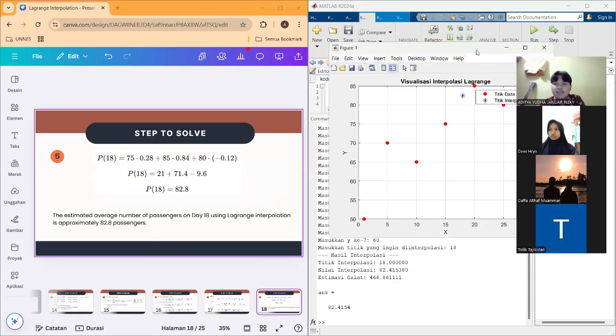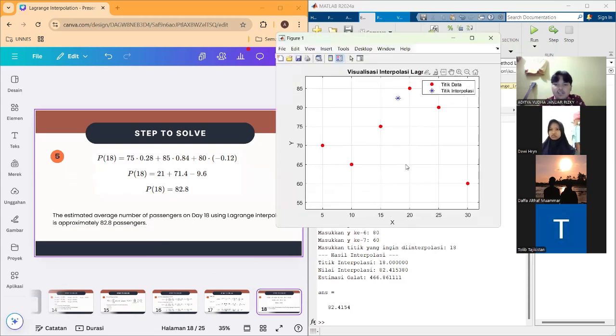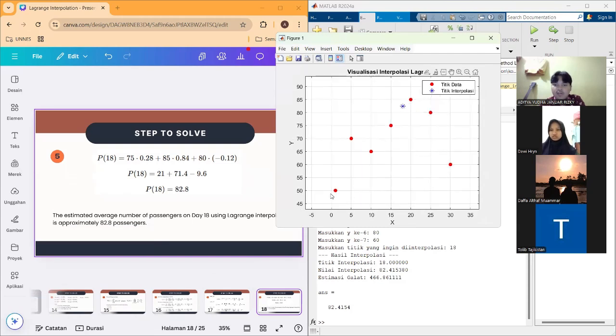And again, in the visualization, we are given 7 data points, and we want to find the specific point between day 15 and day 20, which is day 18. It turns out to be at this point, on the line, so it's correct.